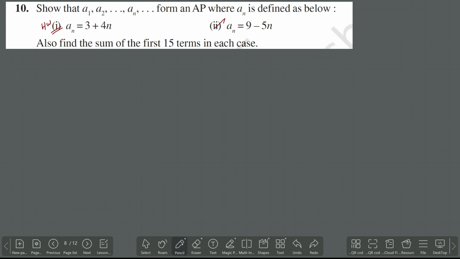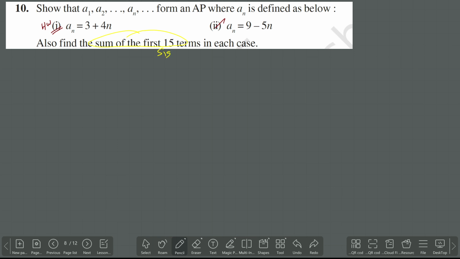We want to find A1, A2, A3 like that, and after that check whether it forms an AP or not. They ask to prove it's an AP. After showing it is an AP, we also have to find the sum of the first 15 terms. That means S15 we have to find in each case.